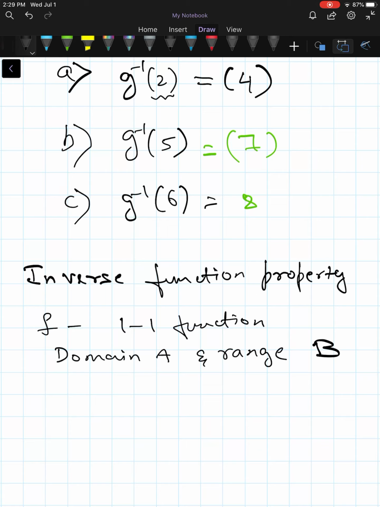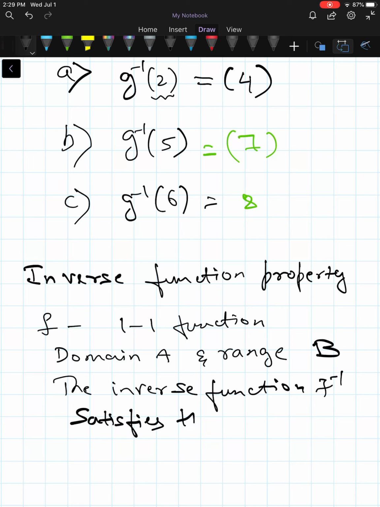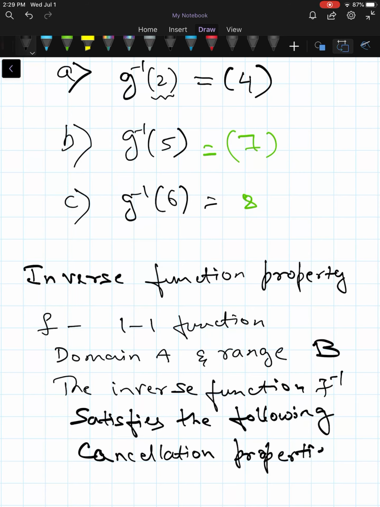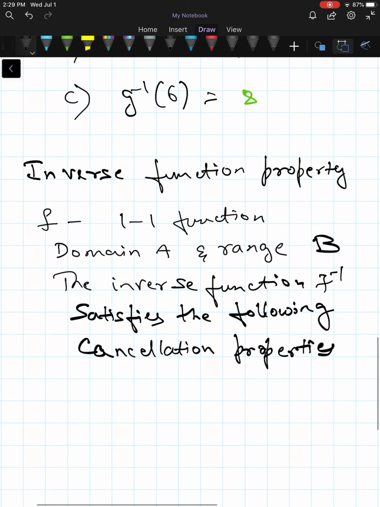Okay, range B, the inverse function f inverse satisfies the following cancellation properties. So what are the cancellation properties?